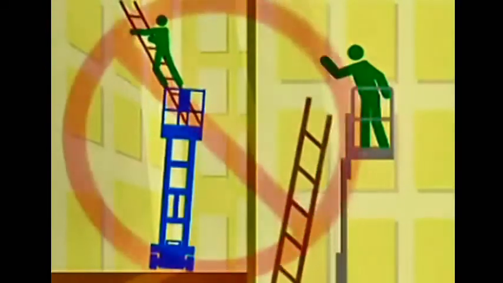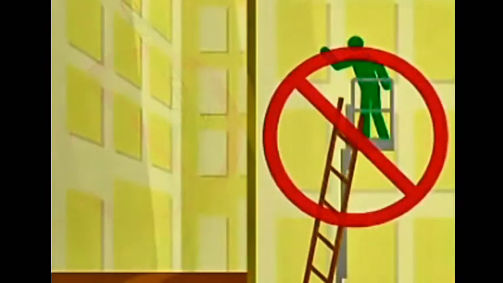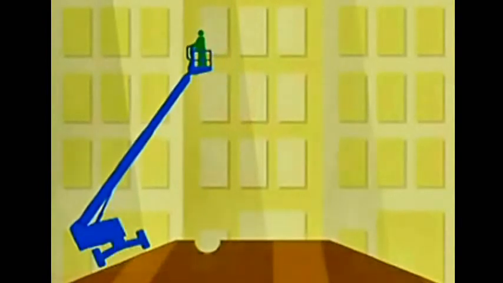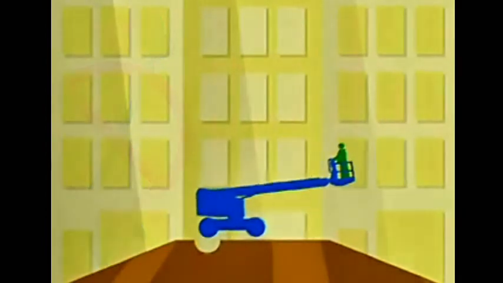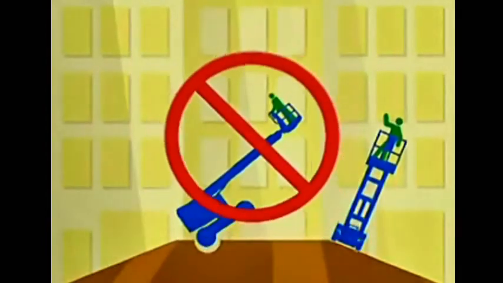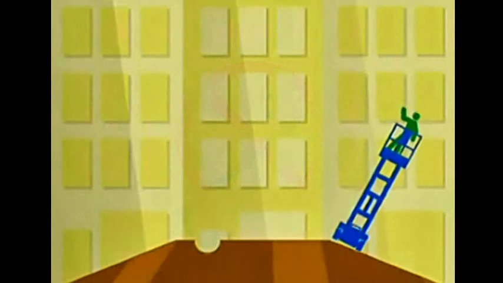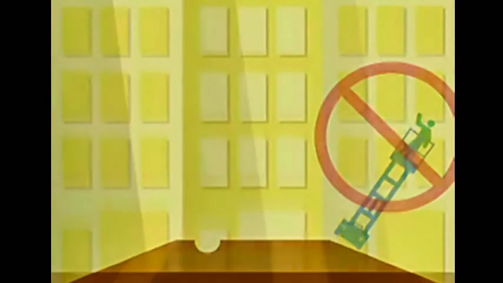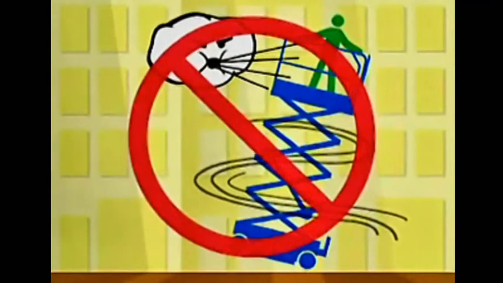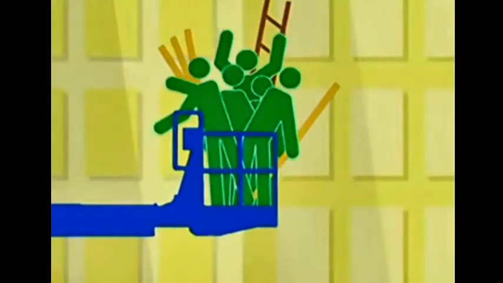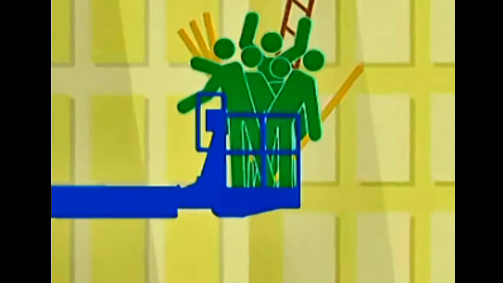Placing ladders or scaffold against the machine. Operating the equipment on unlevel or unstable ground conditions. Bad weather or windy conditions. Unsafe numbers of people or too much weight in the platform.